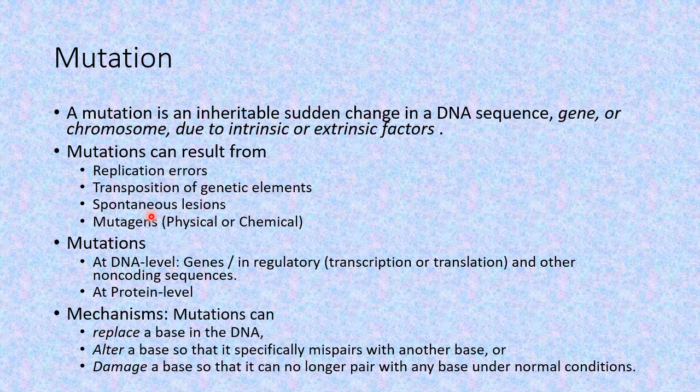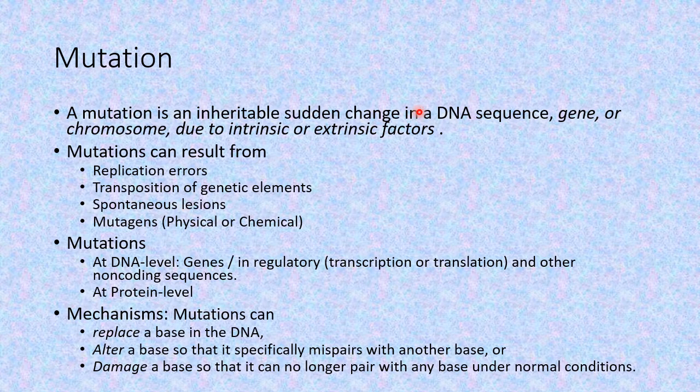In nature, certain spontaneous lesions may be generated, which leads to these inheritable sudden changes. So they are the intrinsic factors present within the cell system that lead to mutation.